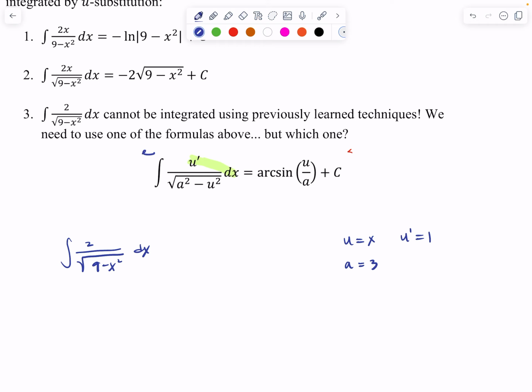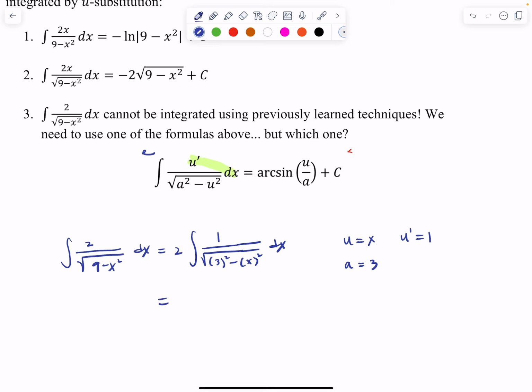So that 2 can actually be pulled out, right? And we can think of the integrand as being 1 over 3 squared minus x squared dx.